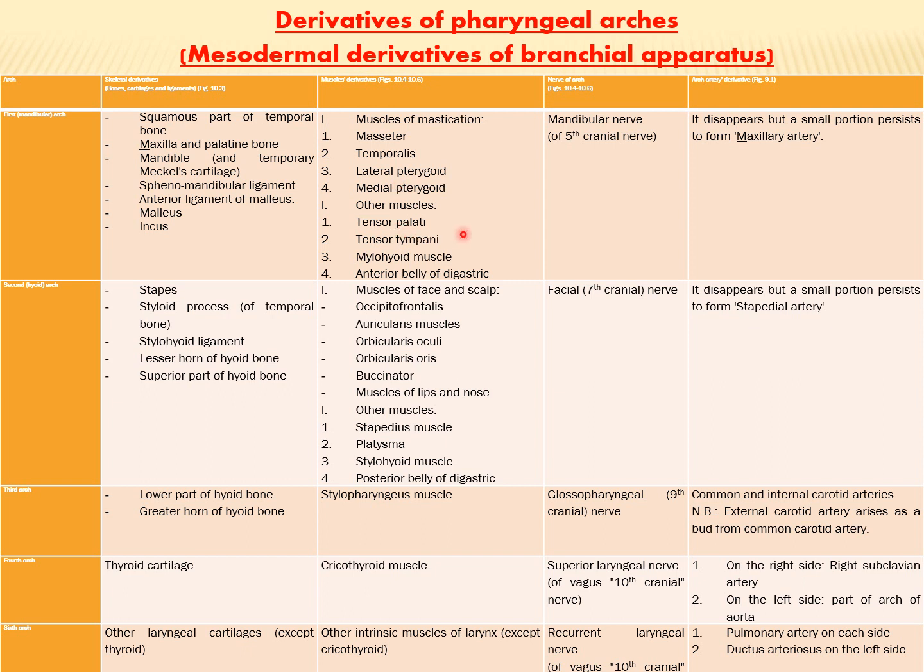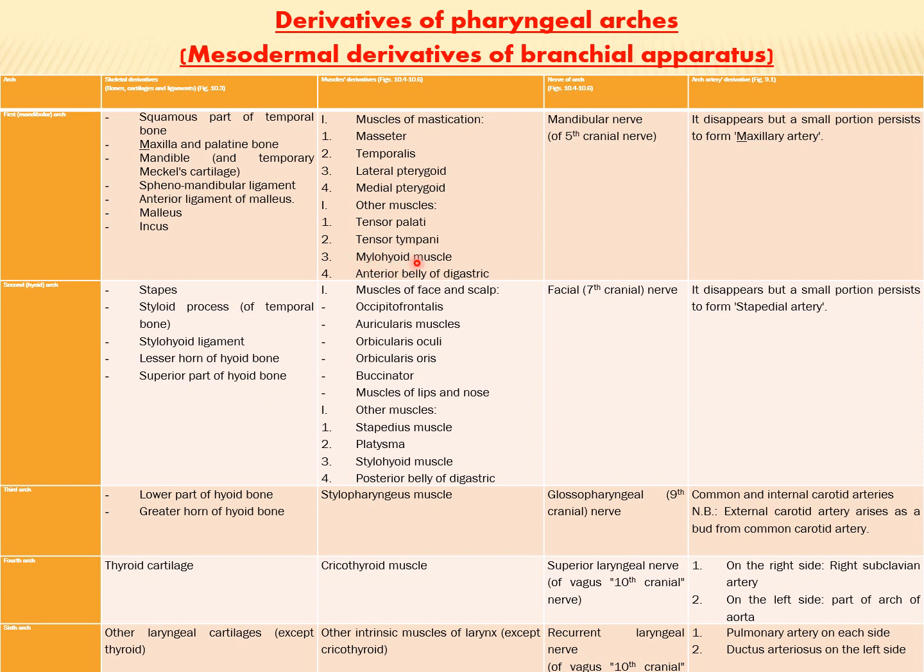Other muscles include two tensor muscles, tensor palati and tensor tympani, mylohyoid muscle, and anterior belly of digastric.